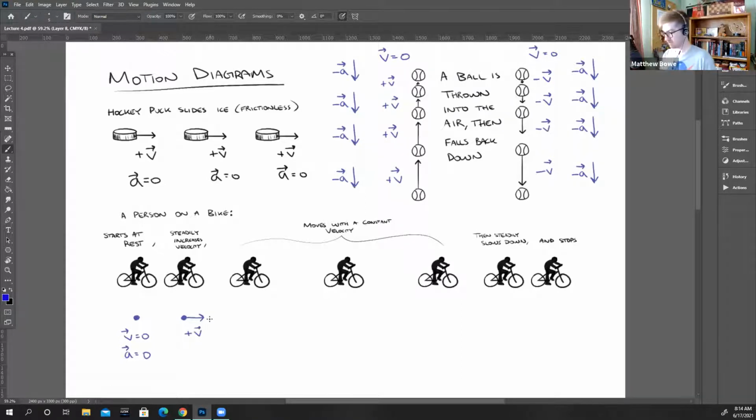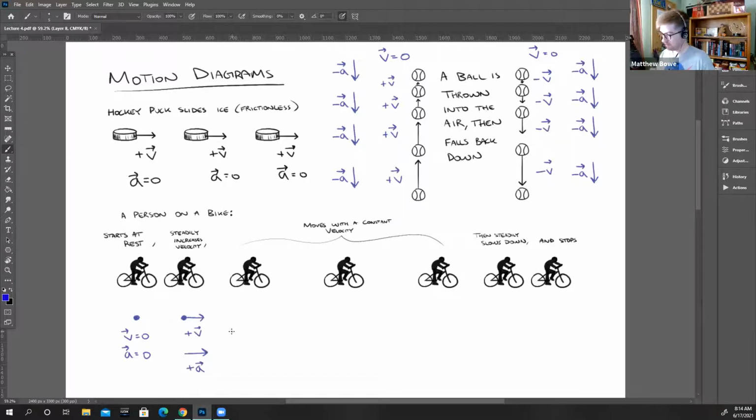It's pointing to the right. The direction is important. And since it is increasing its velocity to the right, that means it has a positive acceleration. Let me make that positive acceleration to the right.